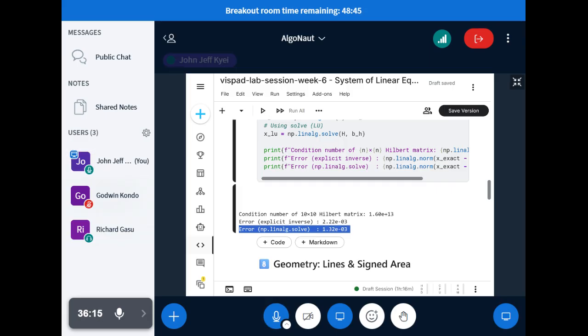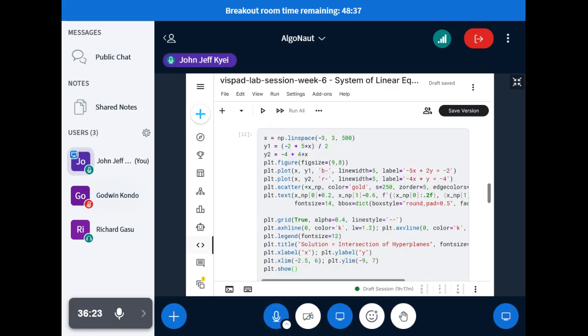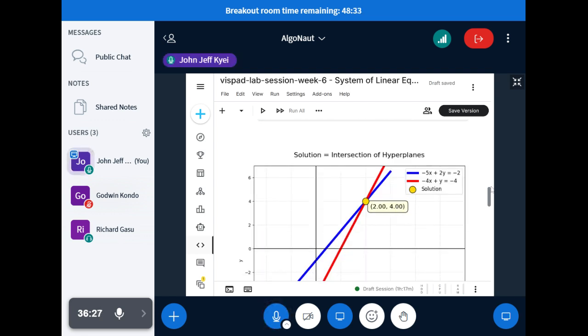So with LU decomposition, yeah, right. So this is also a visualization to visualize the solution to our 2 by 2 linear system as the intersection of two lines, right?